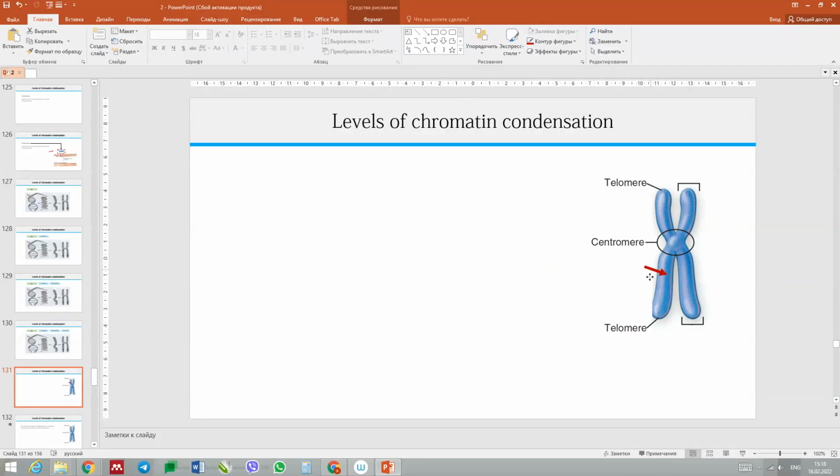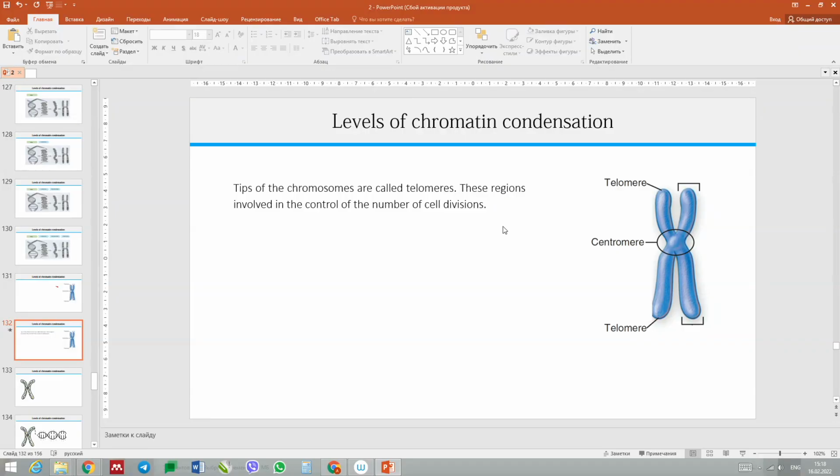And that's why such chromosomes are also created. Each chromosome contains one DNA molecule that will go to one daughter cell and a second DNA molecule that will go to another daughter cell during a very interesting process that is called mitosis, cell division via mitosis. But this we will discuss later.